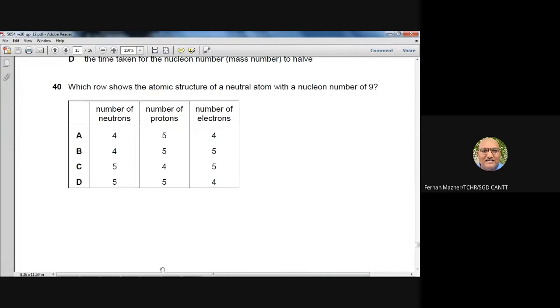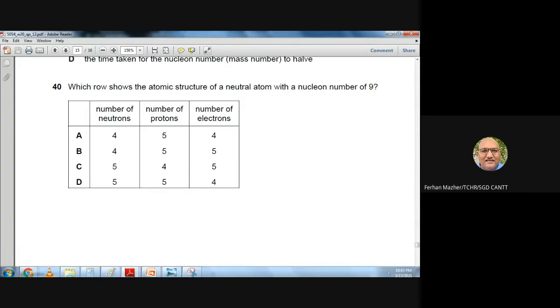Number of neutrons in the first column, number of protons in the second column, number of electrons. For an atom to be neutral, the number of protons and electrons should be equal. And for a nucleon number to be 9, the number of neutrons plus protons should be 9.